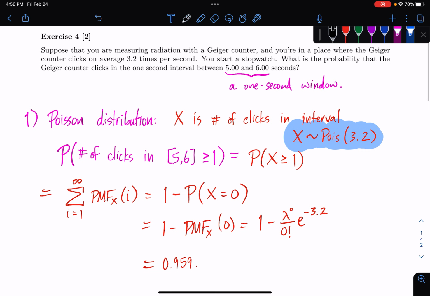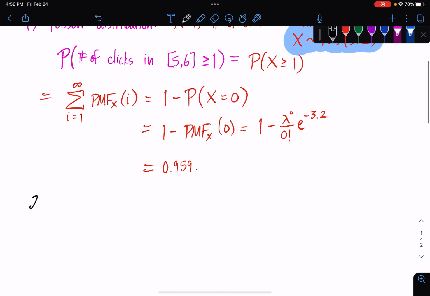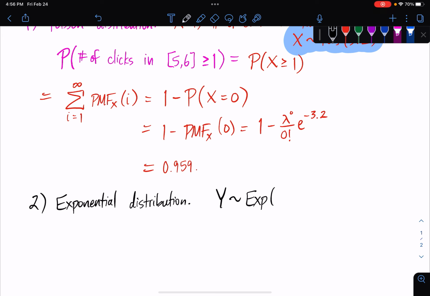Let's look at it the other way, as an exponential distribution. So Y is going to be distributed exponential, also with that parameter 3.2. And what's the story for Y? What's Y going to be? We think about it this way.